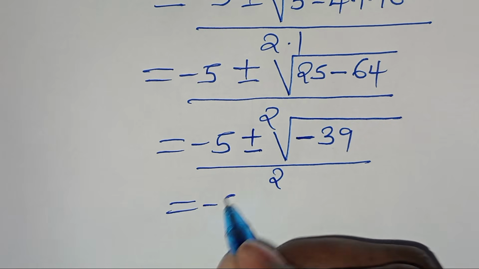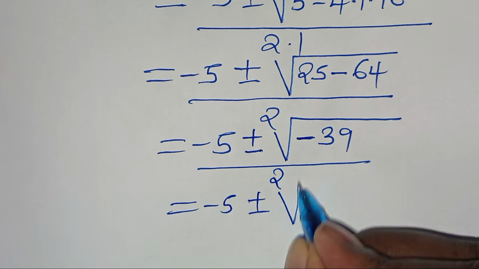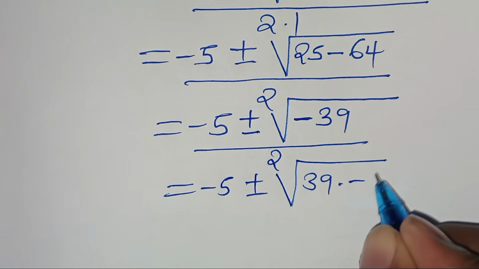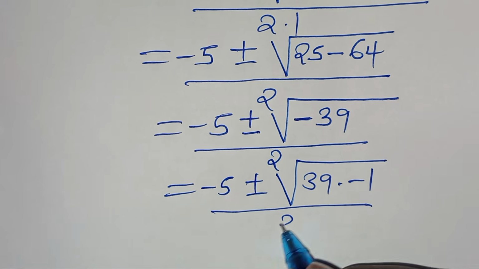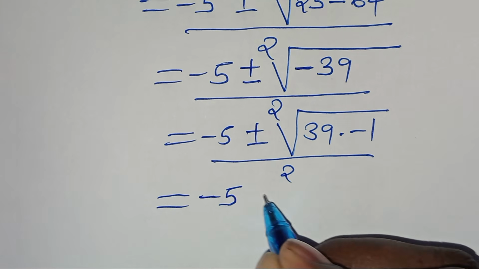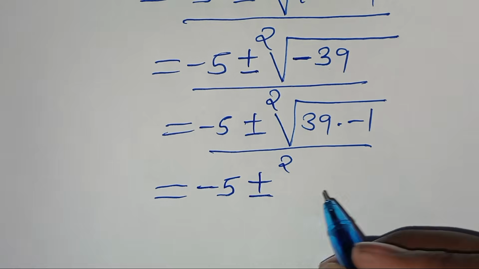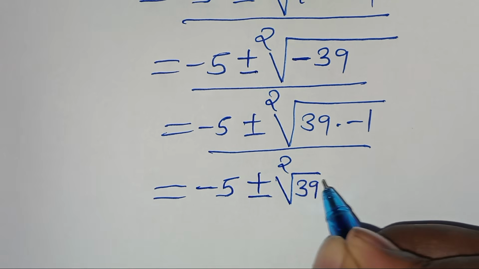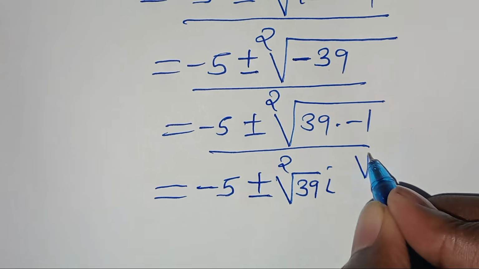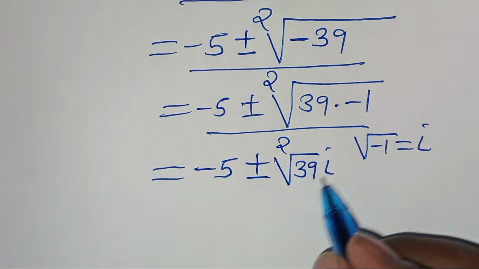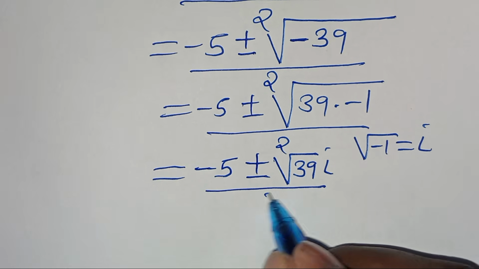So we can express the square root of negative 39 as the square root of 39 times negative 1. Now we have negative 5 plus or minus the square root of 39 times i, remember the square root of negative 1 is equal to i, divided by 2.